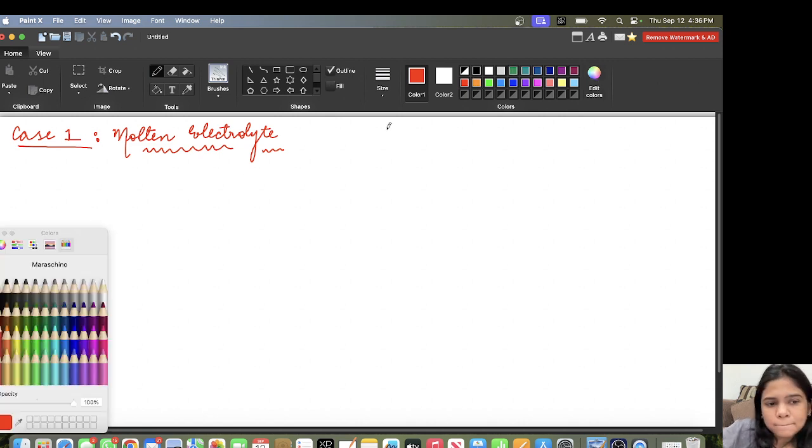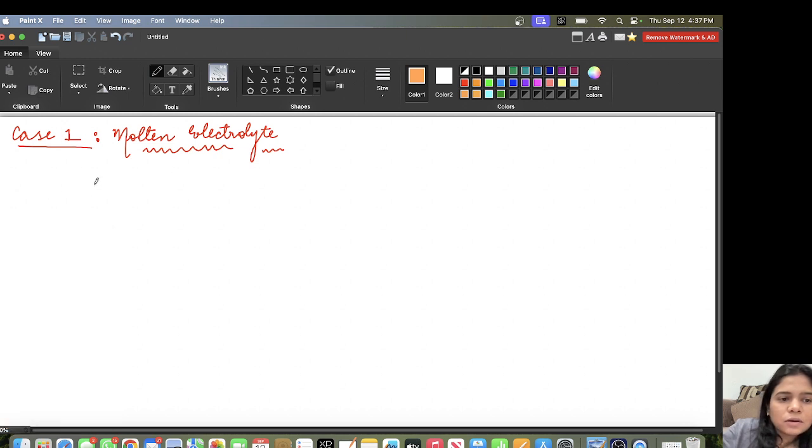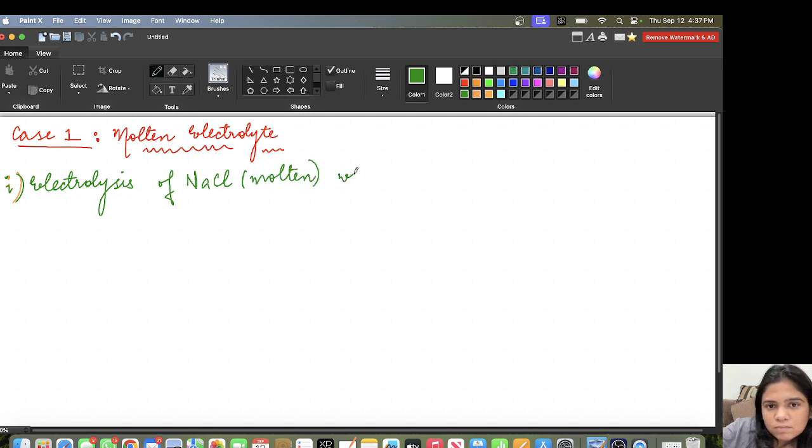The first example is electrolysis of NaCl which is molten, with any inert electrode, say platinum electrode.